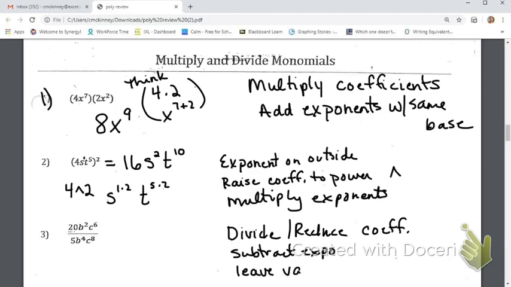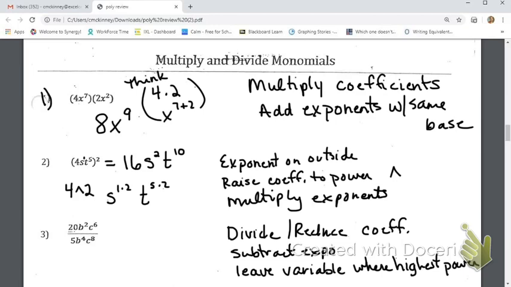But we need to leave the variable where the highest power is. So that's like our, who wins the war, top or bottom kind of thing.